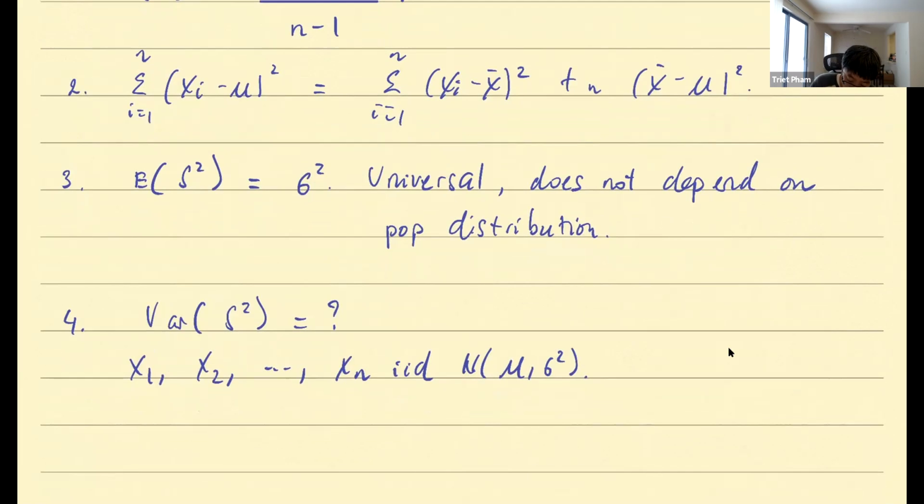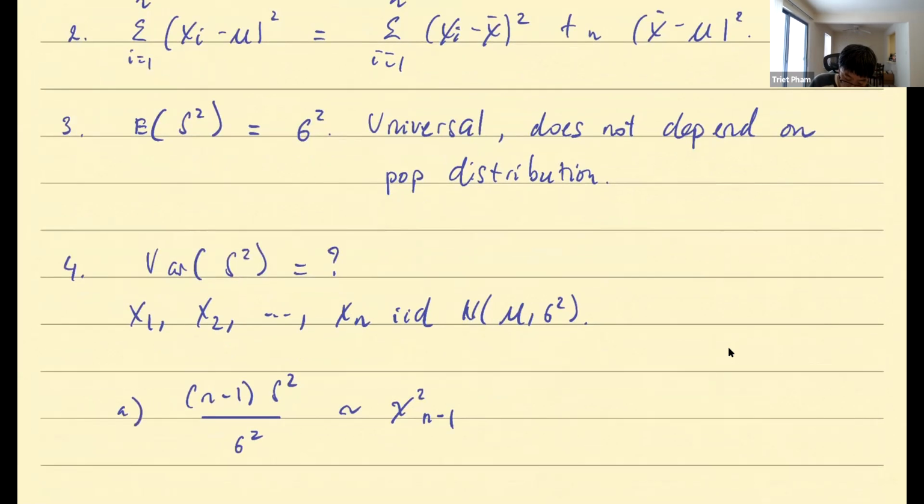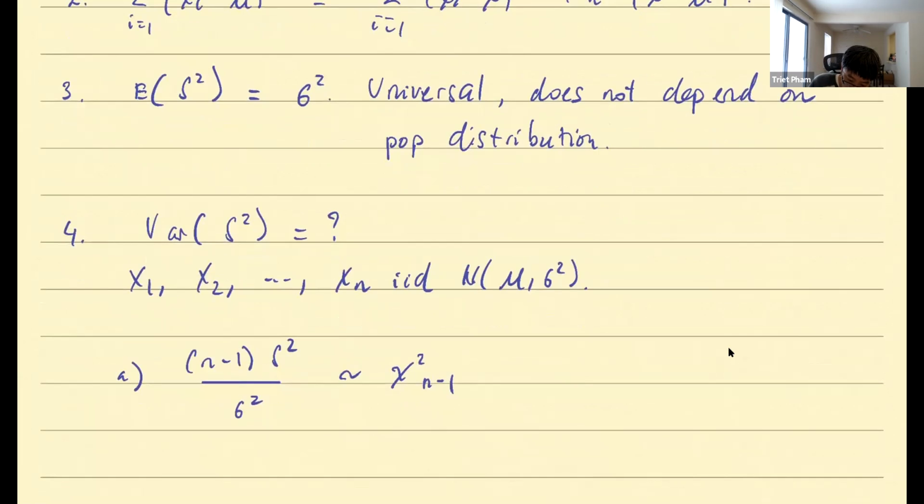In this case, we have this universal result, which is super important because we'll keep using it again and again: (n minus 1) S squared over sigma squared will have a chi-square n minus 1 distribution. Let me put that as Result 5.